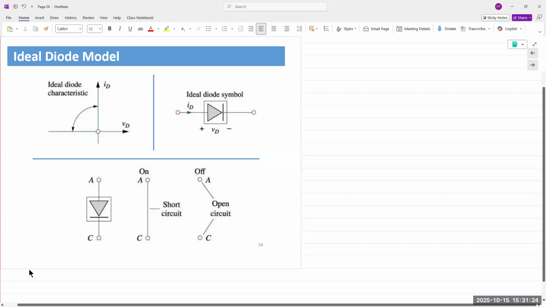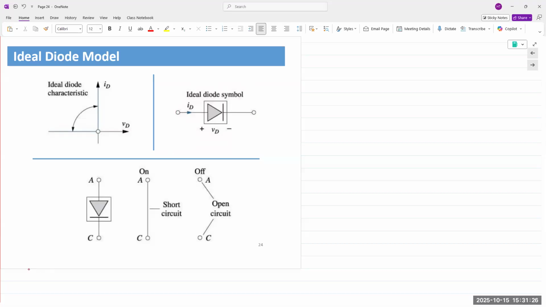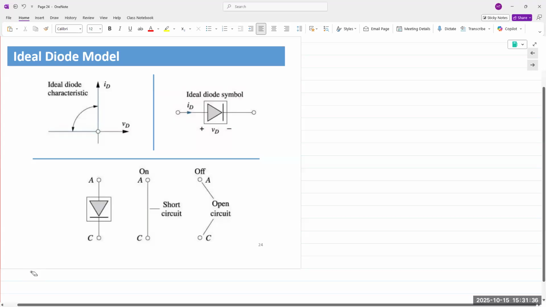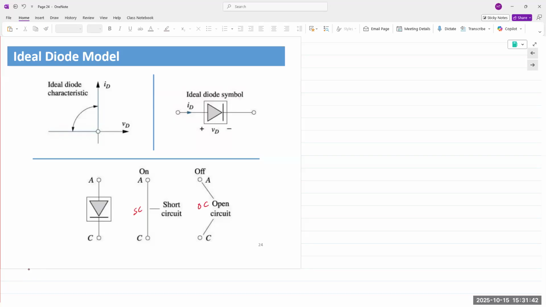Okay. So ideal diode model is basically if the anode is higher than the cathode, the diode is on. It's a short circuit between the two. And if it's off, then it's an open circuit. So I will write down SC and OC. This is the diode being forward bias.